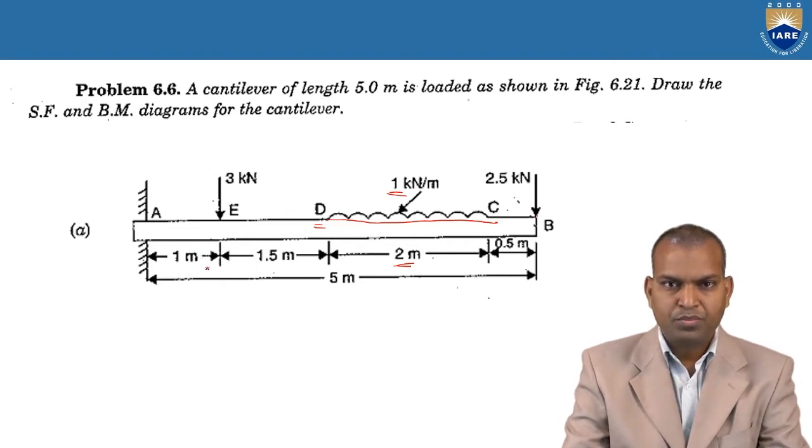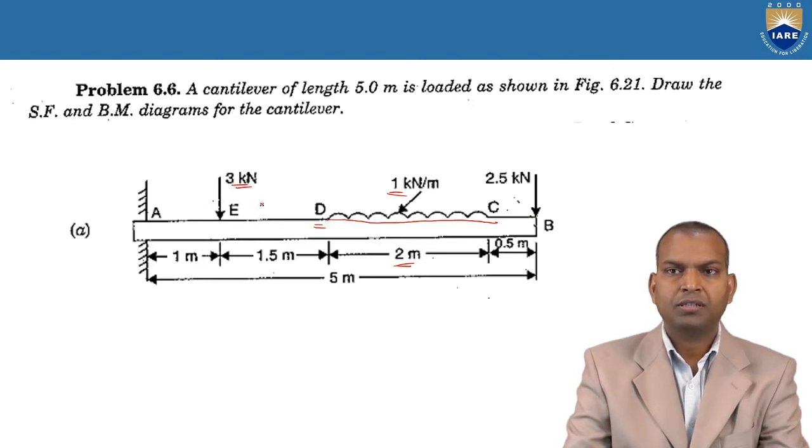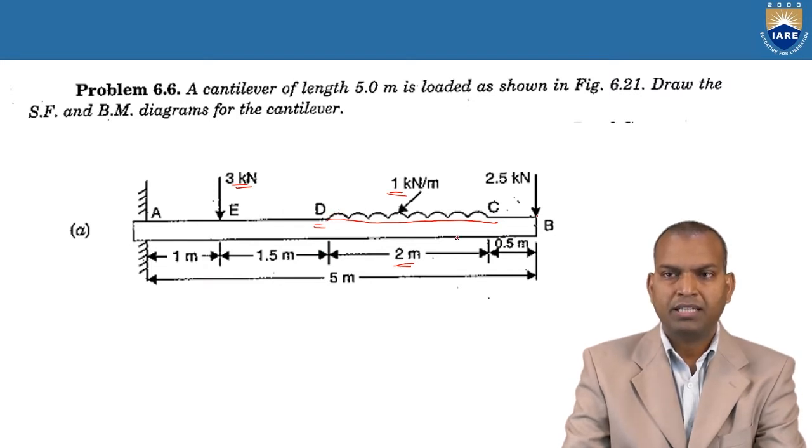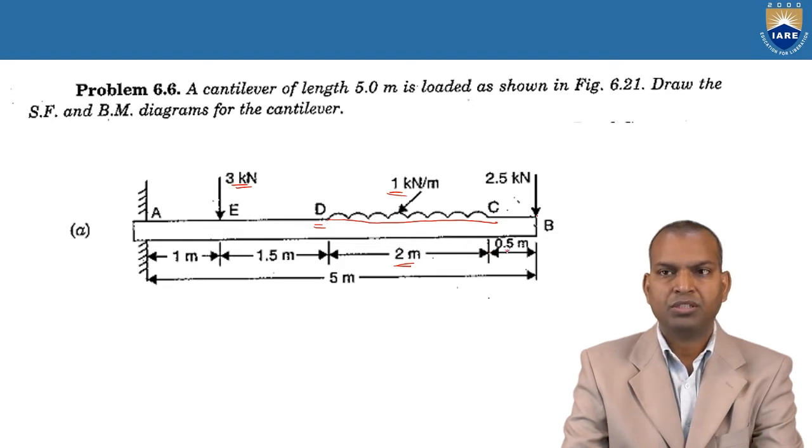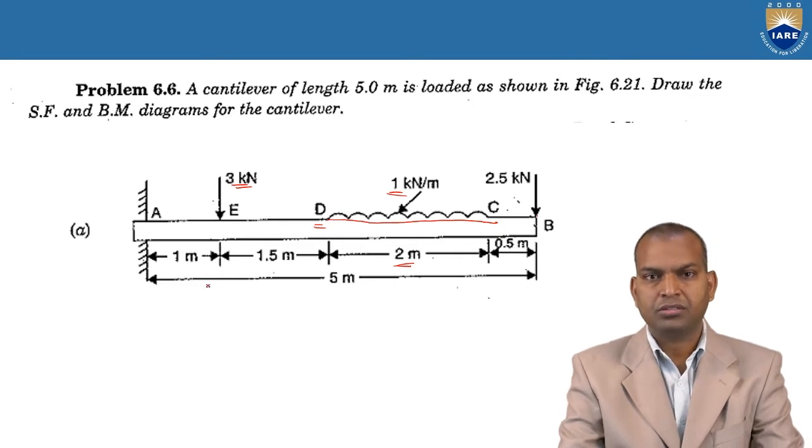So at a span of 1 meter from the fixed end, there is 3 kilonewtons. At a span of 2.5 meters, the UDL begins up to 2 meters. Next, from point C to point B, 0.5 meters away, a point load is acting. Its value is 2.5 kilonewtons.